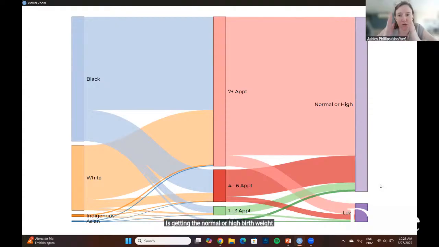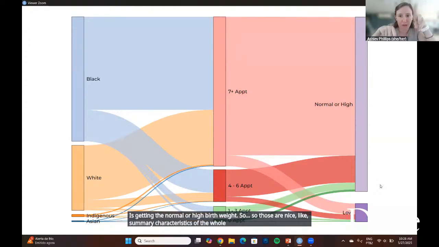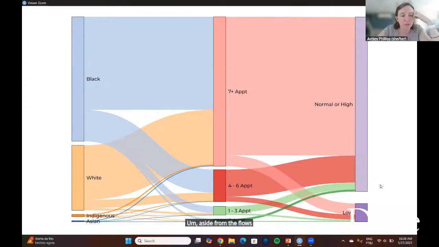Those are nice summary characteristics of the whole sample in the closed rectangles, which is a nice way to represent data that we might otherwise just put in a table, aside from the flows from one variable to another. So that's nice.